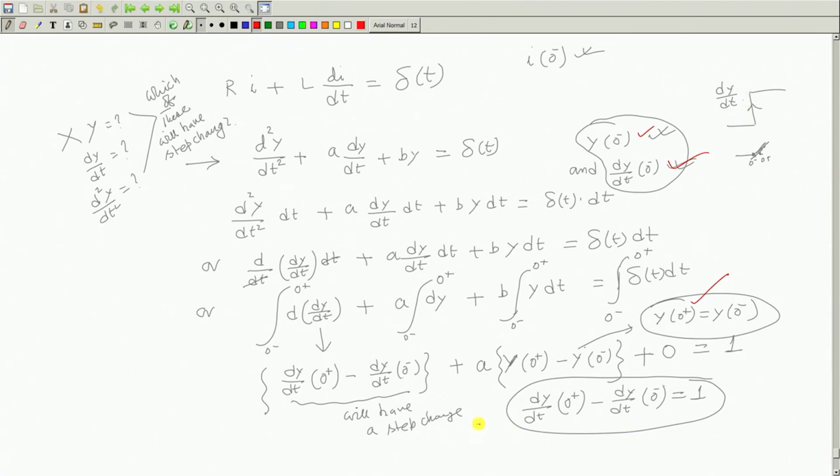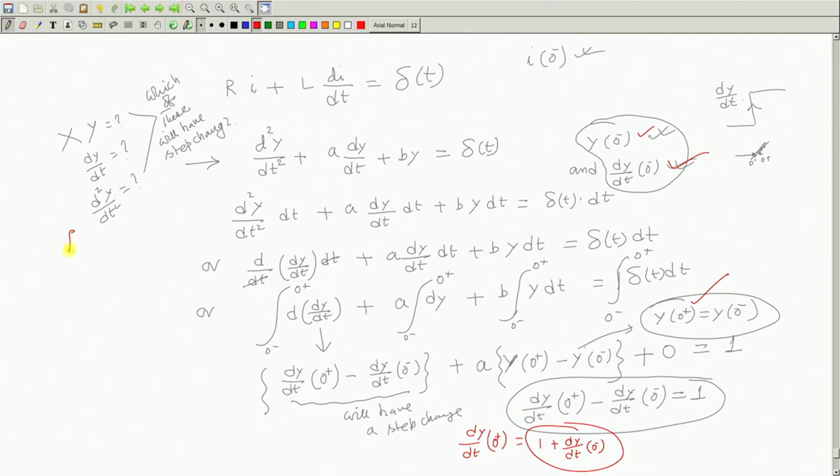So I will calculate dy dt 0 plus, which will be equal to 1 plus dy dt 0 minus. This happens between t equal to 0 minus and 0 plus, practically in no time.